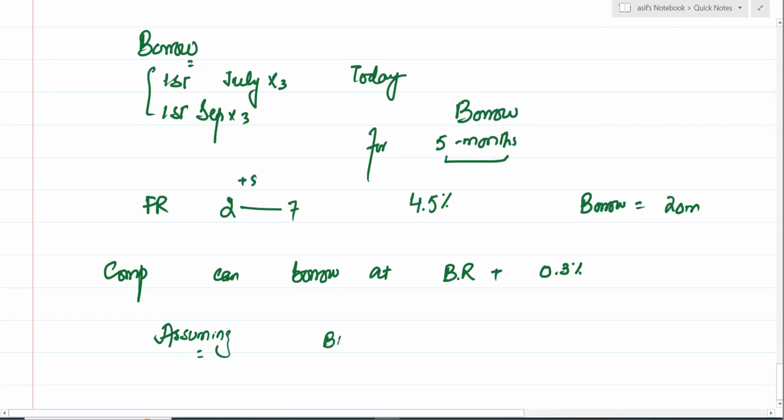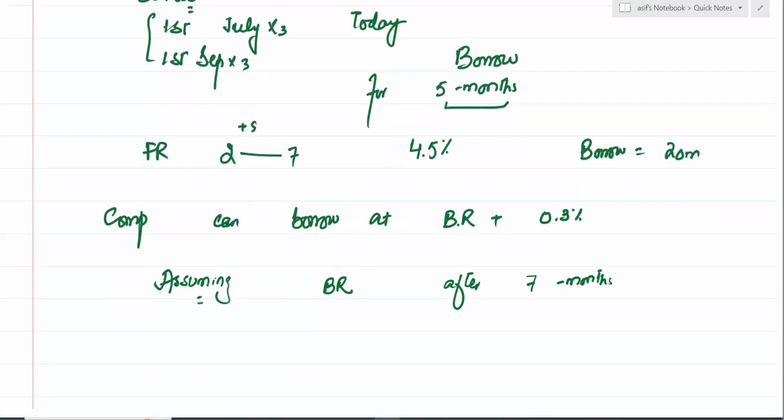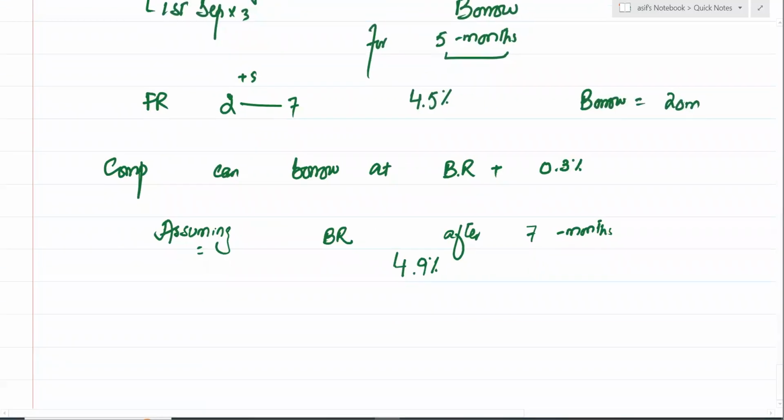Assume that the bank rate after 7 months is going to be, let's say, 4.9%. Now let's find out. This is the case of a borrowing.